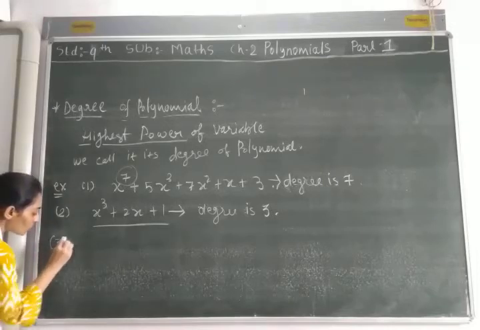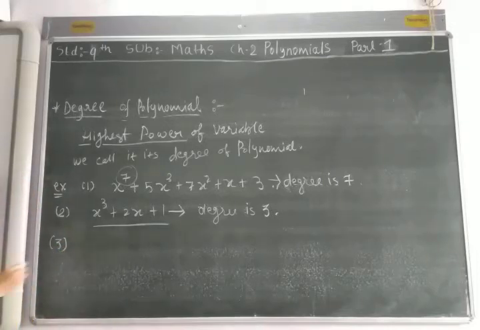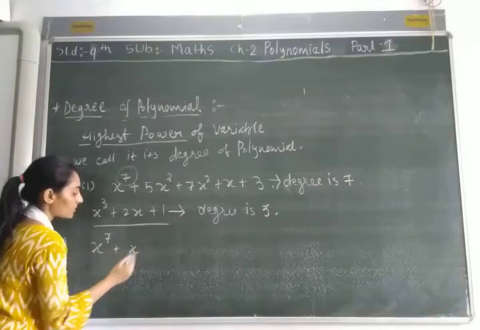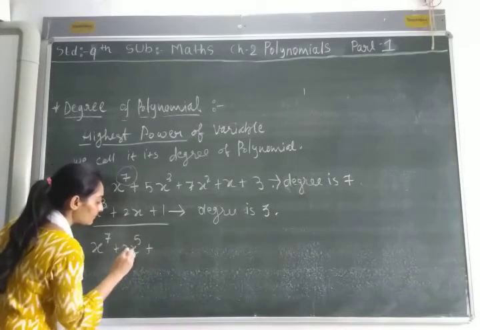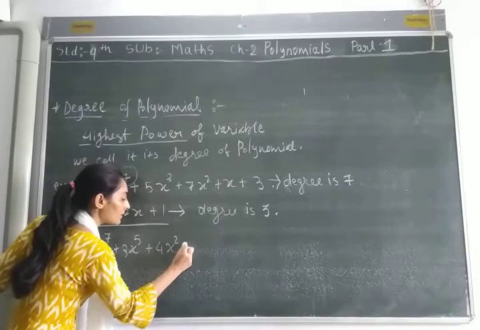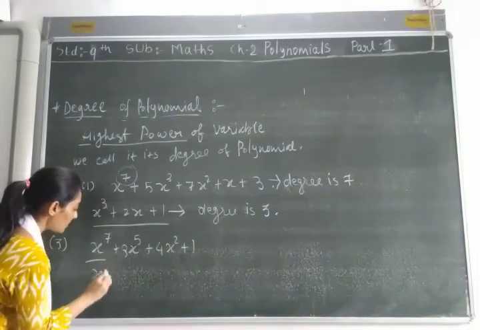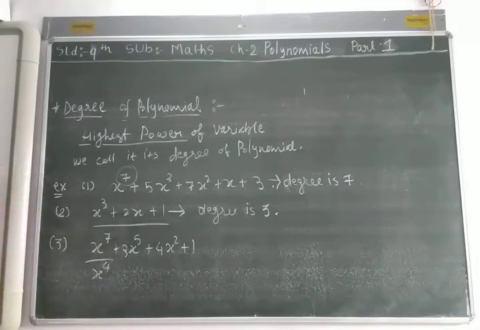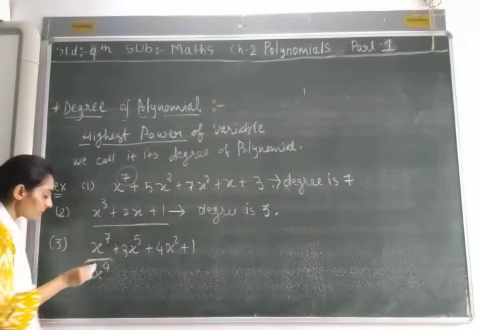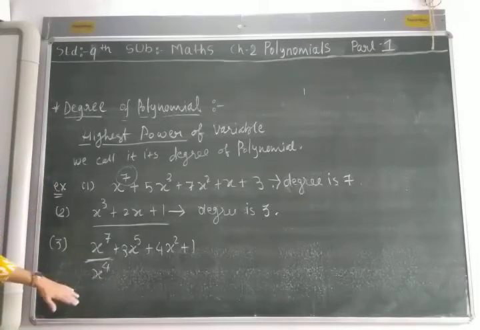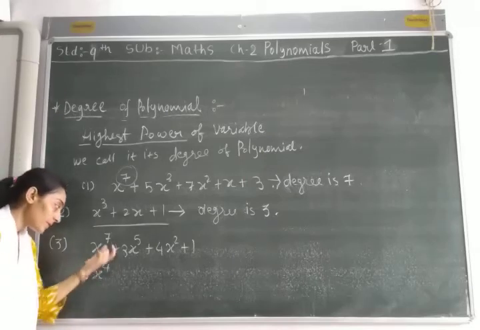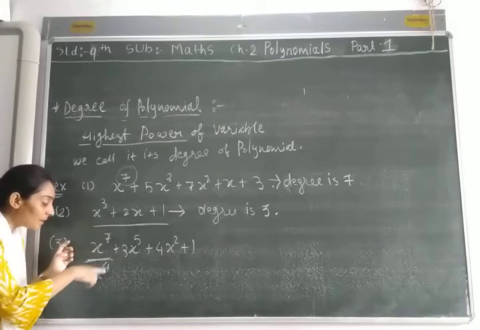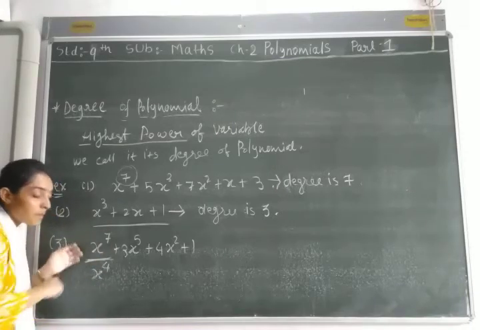Now question number 3: x to the power 7 plus x to the power 5, plus 4x square plus 1, over x to the power 4. First we check which term contains the highest power, obviously 7. But we can simplify it because in the denominator x to the power is 4.